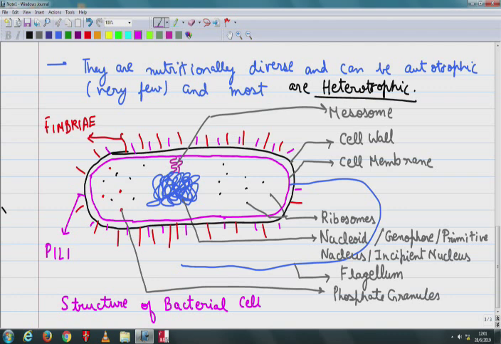Okay. Fimbriae and pili are almost of the same height, but pili are somewhat shorter, fimbriae are longer. So there are small differences. Please try to draw it accurately, because that will be important.